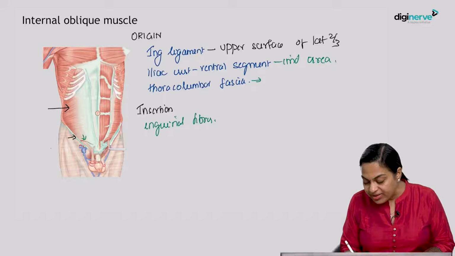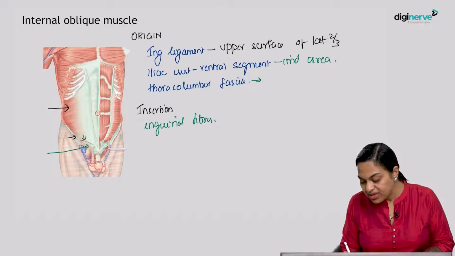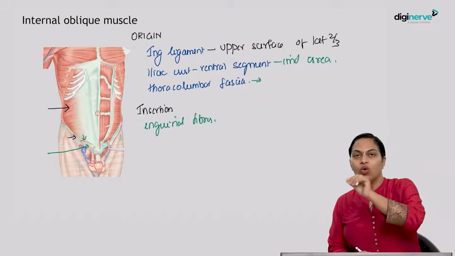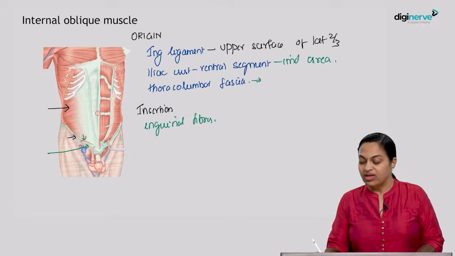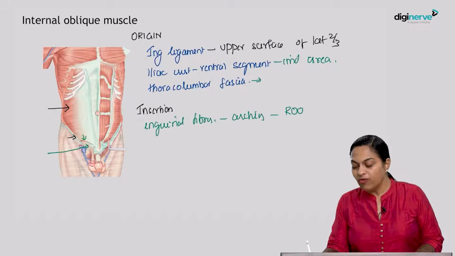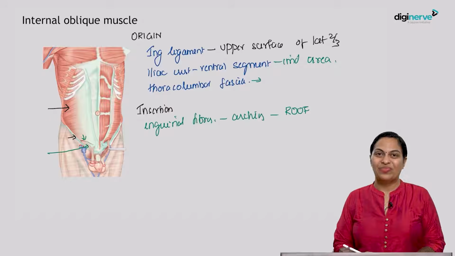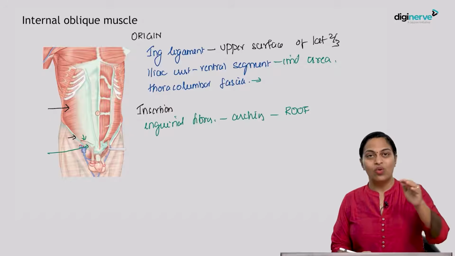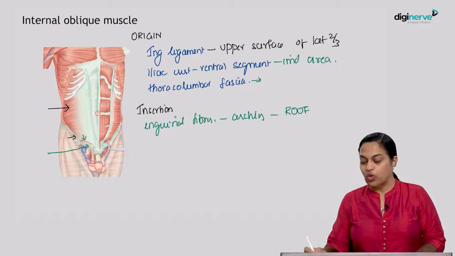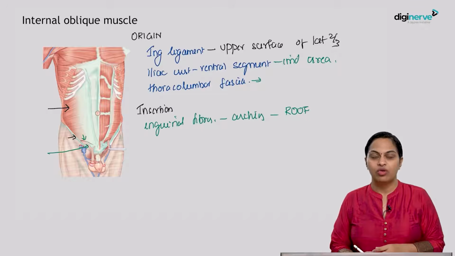So this is a spermatic cord, right? We can see these inguinal fibers arching over it. The arching fibers form the roof of the inguinal canal. And then it goes backwards, medially downwards to insert into the pubic tubercle.